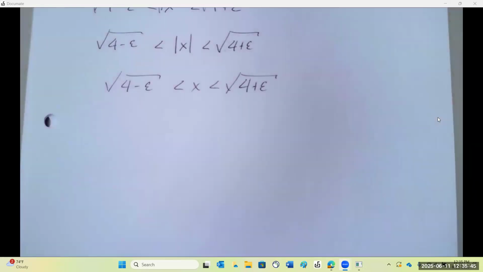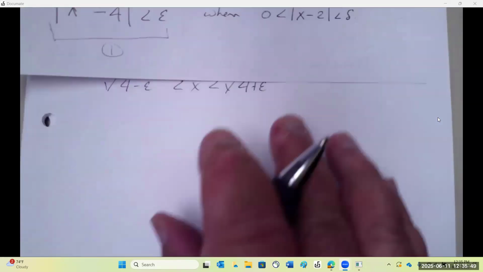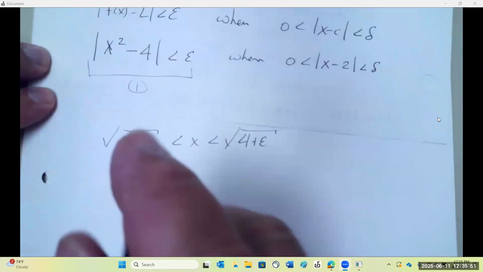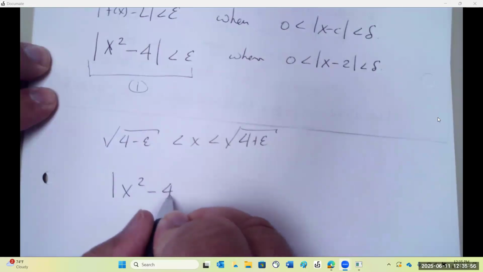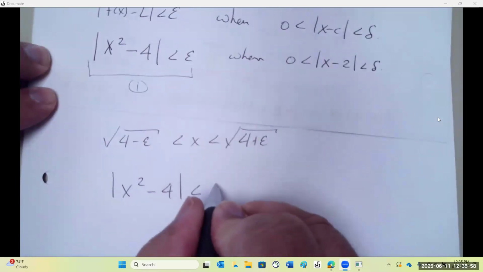So that's my interval. We have the absolute value of x squared minus 4 is less than epsilon.